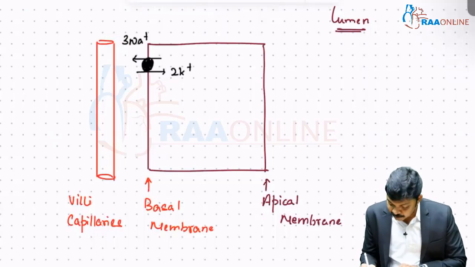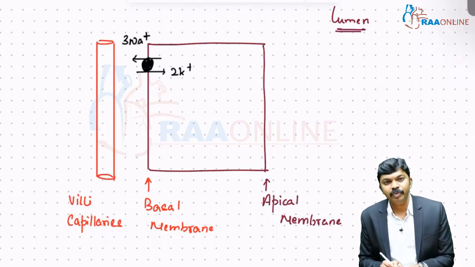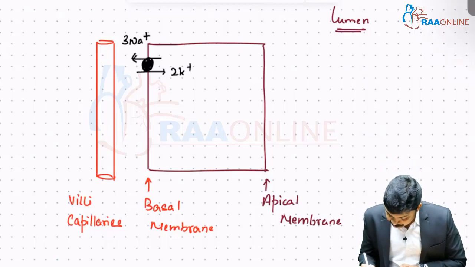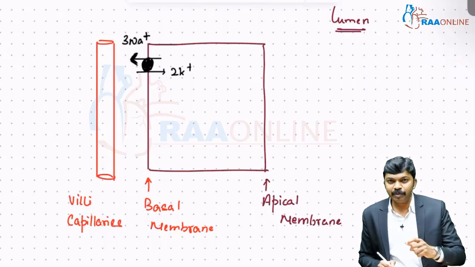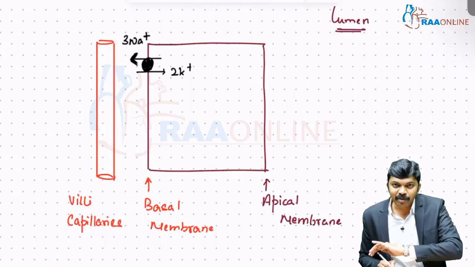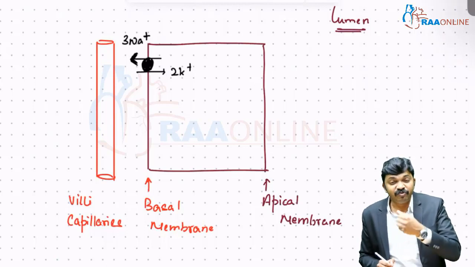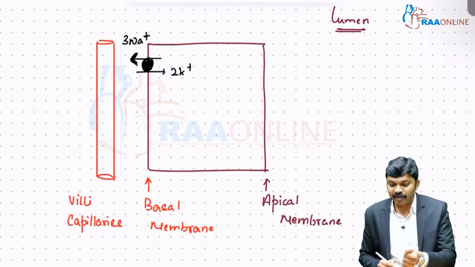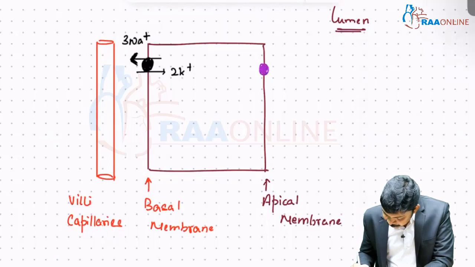When sodium is taken out of the cell, the intracellular sodium concentration keeps going down. When the cytoplasmic sodium level becomes very low, this will favor movement of sodium from the lumen into the cell, guys. Since sodium potassium ATPase is pumping sodium out of the cell, the cytoplasmic sodium concentration decreases, which favors movement of sodium into the cell from the lumen.